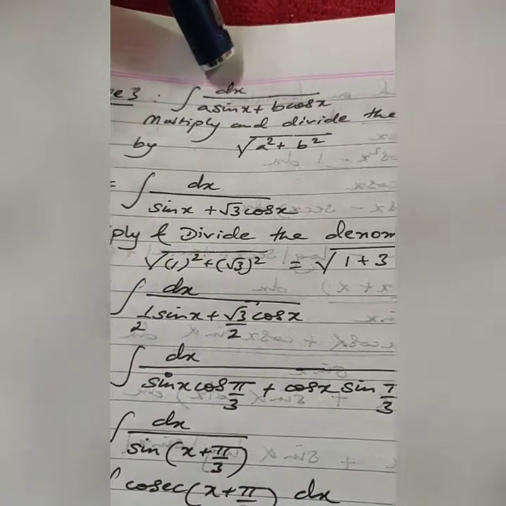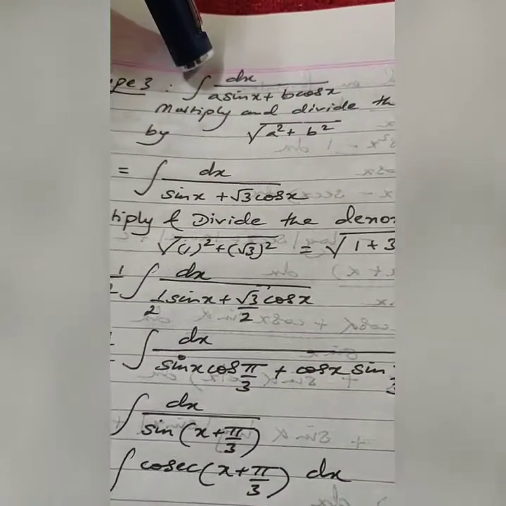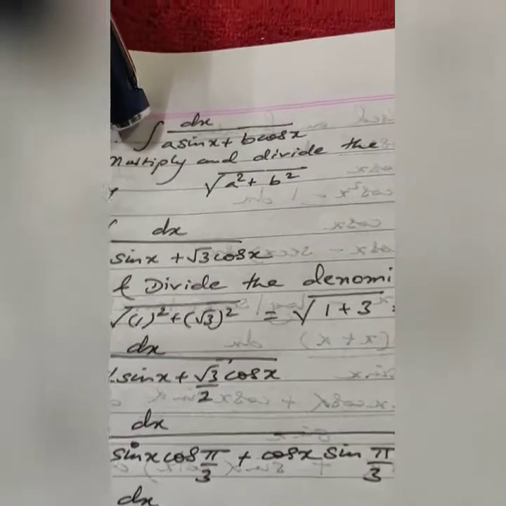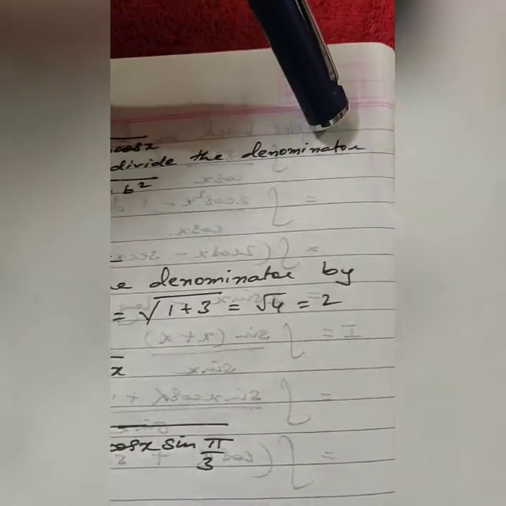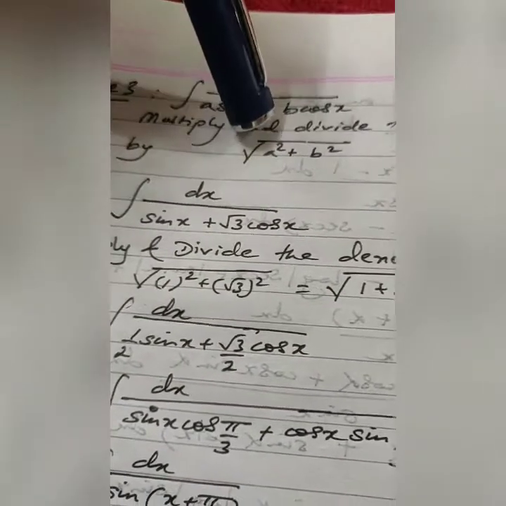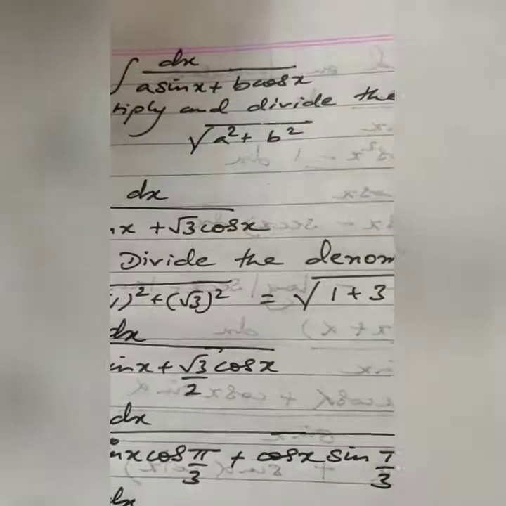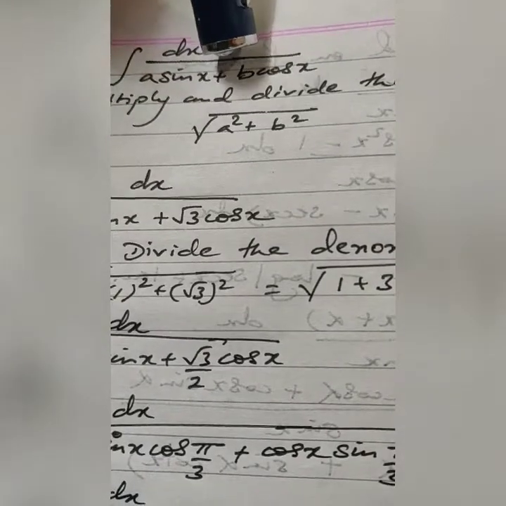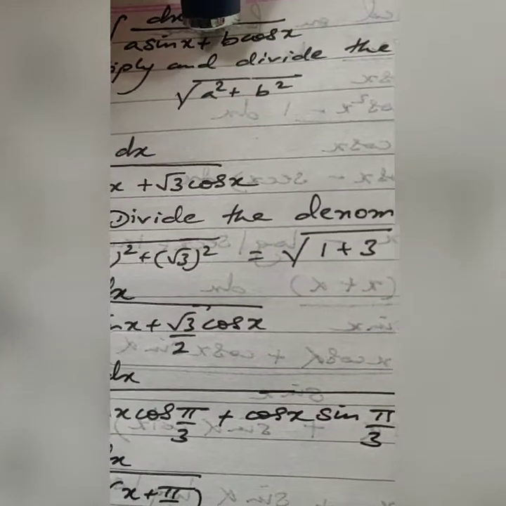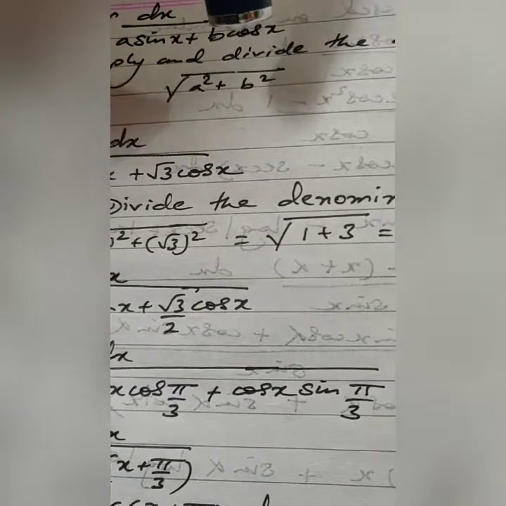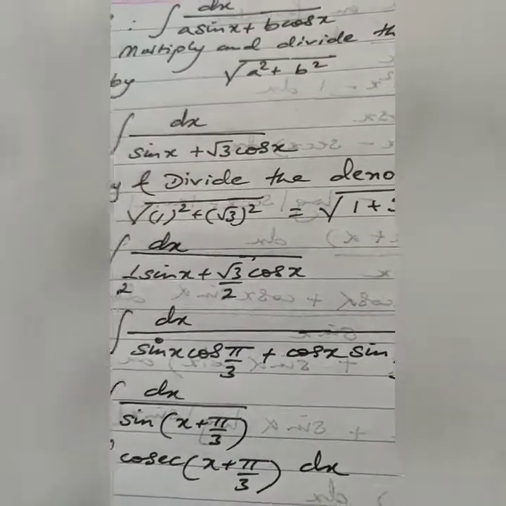Specific to these types of sums, we are always going to multiply and divide the denominator by root of a squared plus b squared. So you take a, the coefficient of sin x, and b, the coefficient of cos x, and do the root of this number square plus this number square, and whatever outcome comes, you multiply and divide the denominator by that.